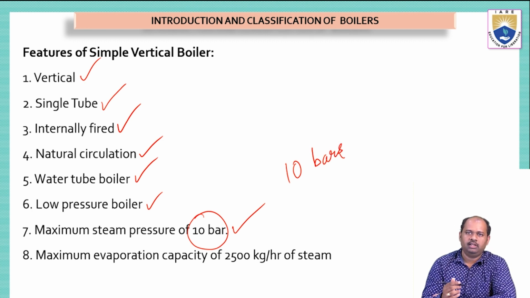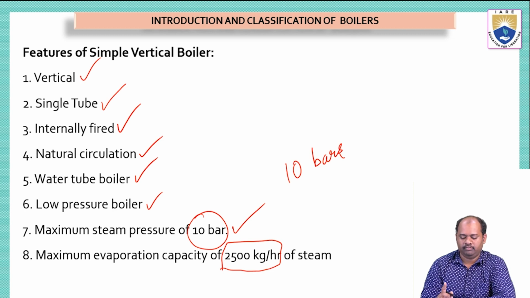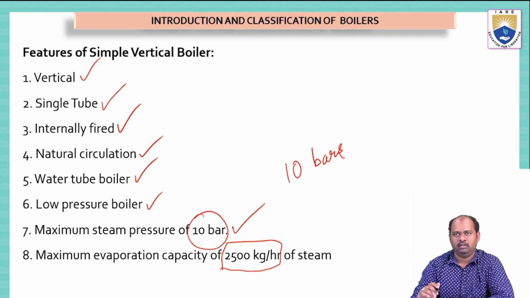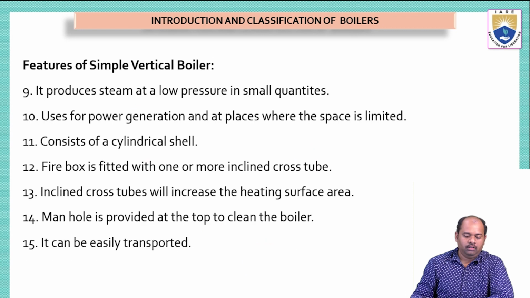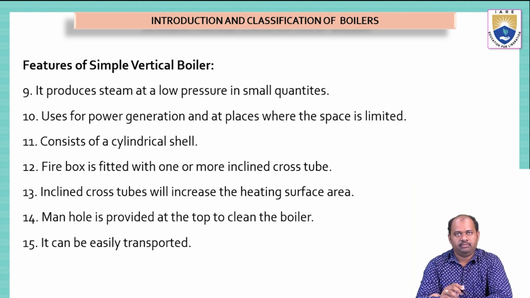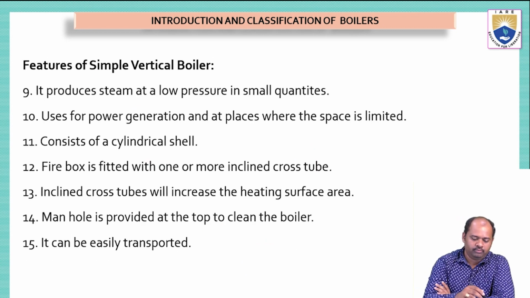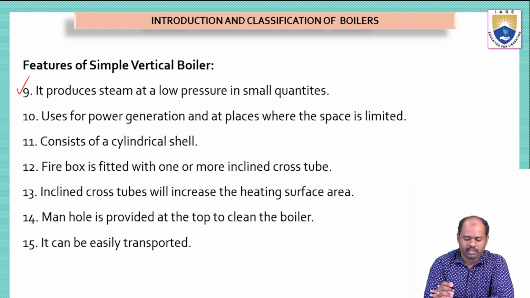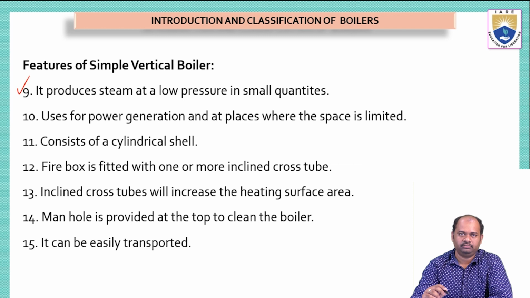So this boiler has the capacity of producing steam of 2500 kilograms per hour. Per 1 hour, it can produce 2500 kilograms of steam. So if we want more quantity, we have to use other types of boilers. Now let us see some more features of this simple vertical boiler. It produces steam at low pressure in small quantities.